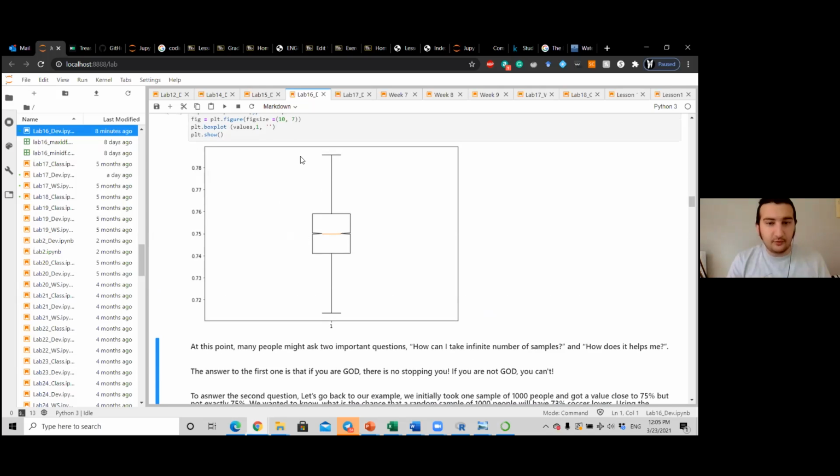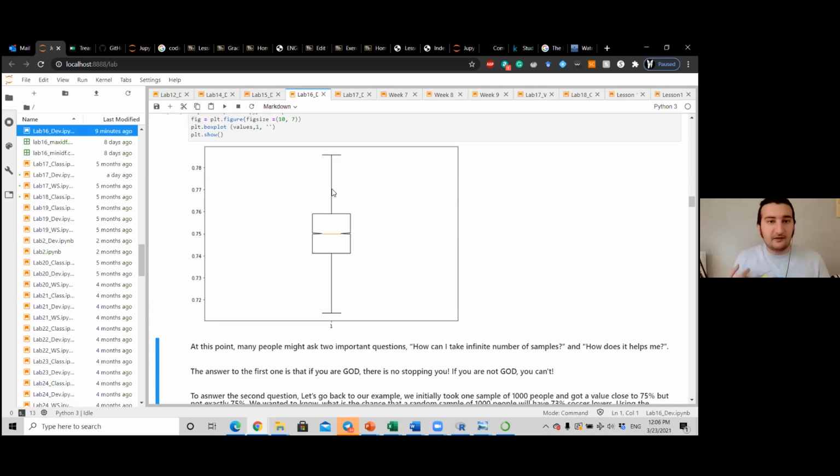What can you tell me about 0.75? The median. What amount of observations are less than 0.75? 50%. What amount is greater than 0.75? 50%. Okay. Now, let's look at 0.77.